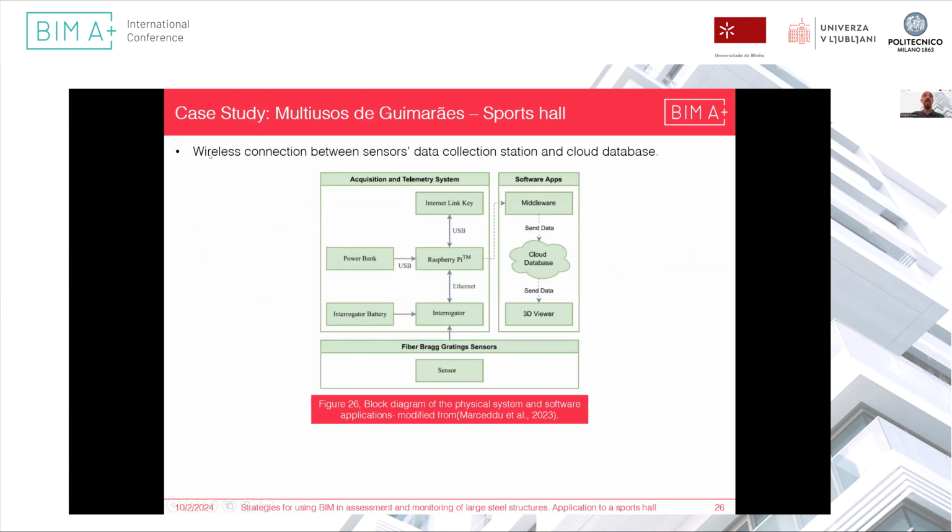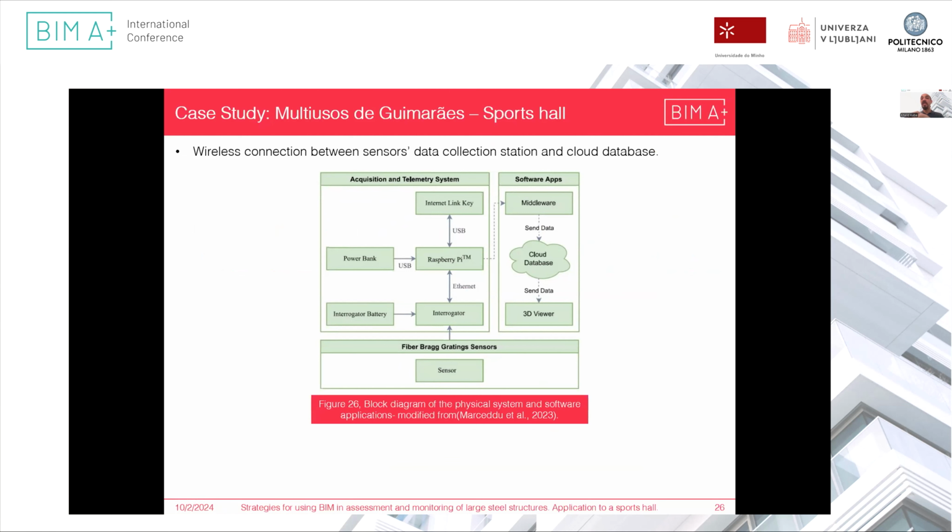And for wireless connection between sensors, we selected this flow chart, which can be read as: the sensor sends a signal to the main computer on the site. It's a Raspberry Pi. After that, using middleware, it can send the data to the cloud database.